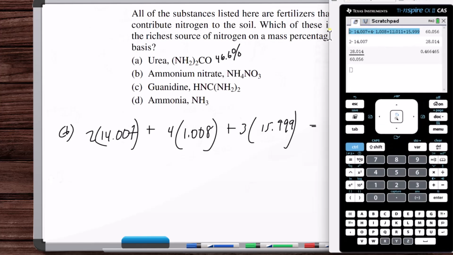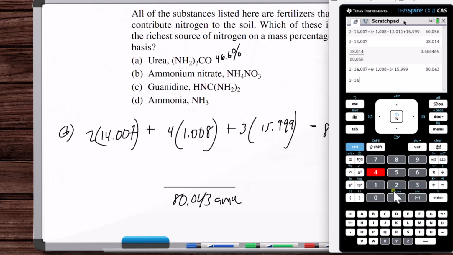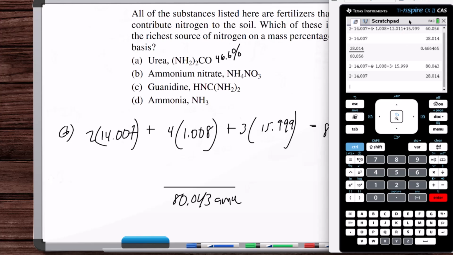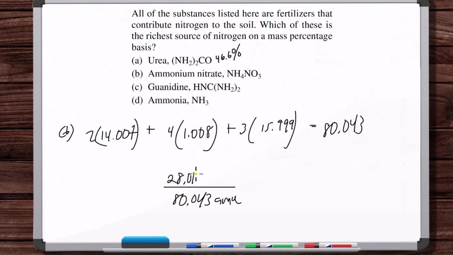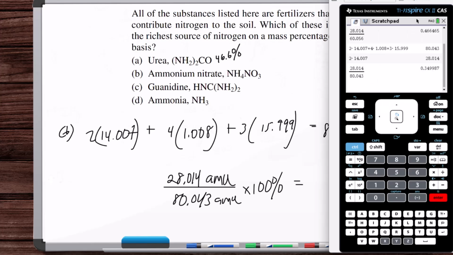So the entire molecular weight is 80.043 AMU, and then 2 times 14.007 is 28.014. Divided by 80.043, that gives 35%.